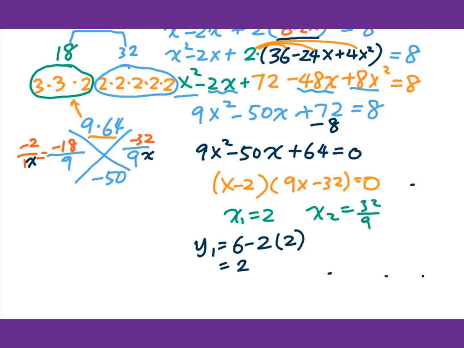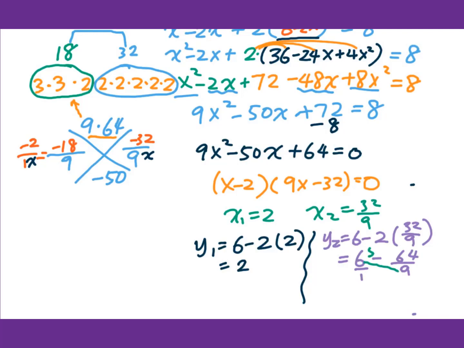That equals 2. For y2, you will get 6 minus 2 times 32 over 9. That is 6 minus 64 over 9. Then this is over 1. Cross multiply.